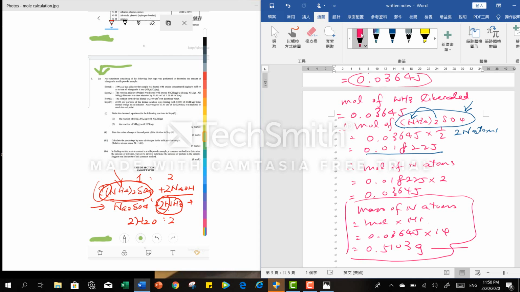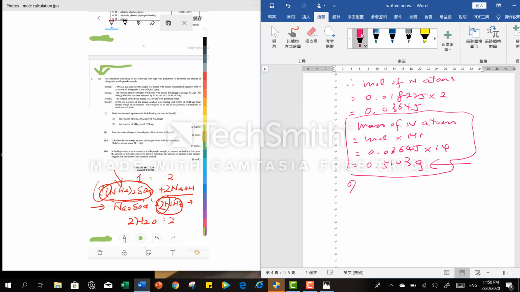Of course, that is the mass of nitrogen atom over the total mass of milk powder times 100%, right? So the percentage of N atoms in milk powder will be this one over 3 times 100%. That will be 17.01. Okay, so that is the end of this question.